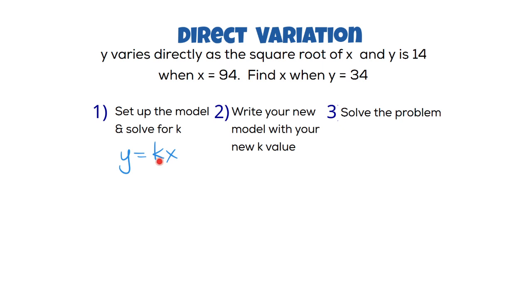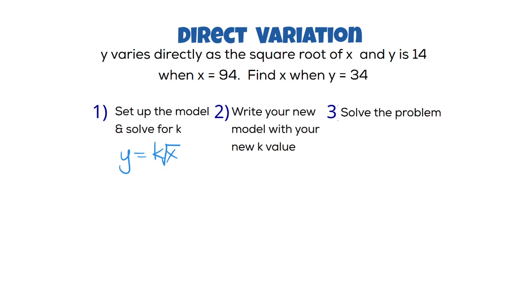Now, our goal is to solve for k, and I'm going to use this information to figure that out. Now, it's really not y equals kx. I just know that it's direct variation. I have to follow what it says. It says y varies directly as the square root of x. I need to change this x to a square root of x.